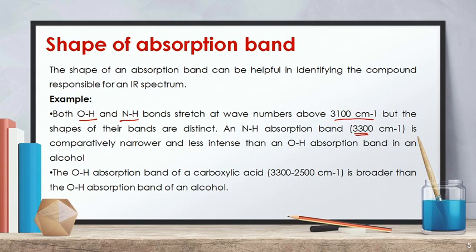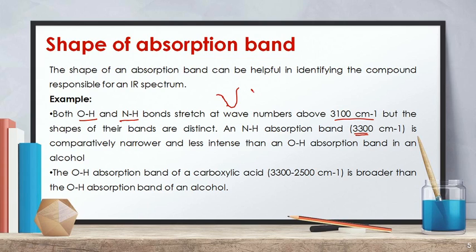So alcohol and amine are taken for investigation. Both the compounds are giving at the same range of IR wave number, but how can we identify? Depending upon the shape of the band. So the OH band will be a broad band. That means a band can look like this, a broad band. But the band which is for NH, it is a narrow band.